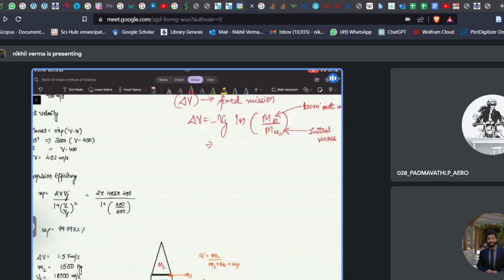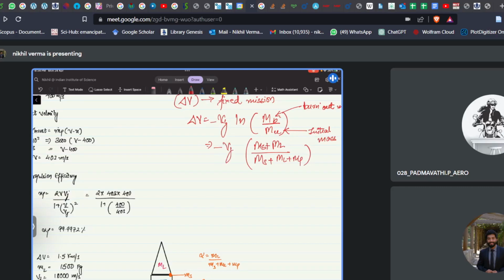So the burnout mass is your structural mass plus the payload mass, and the initial mass is the structural mass plus payload mass plus your mass of the propulsion system.